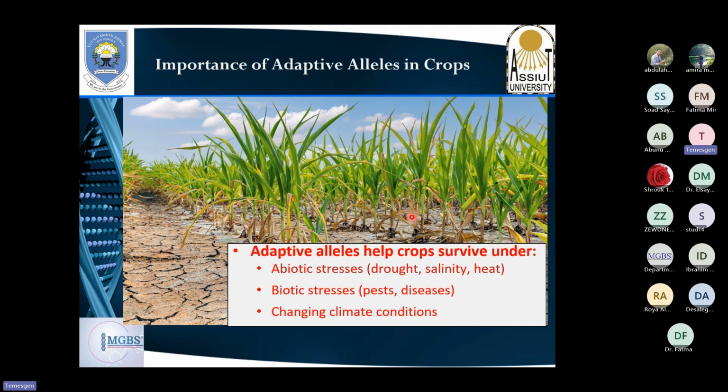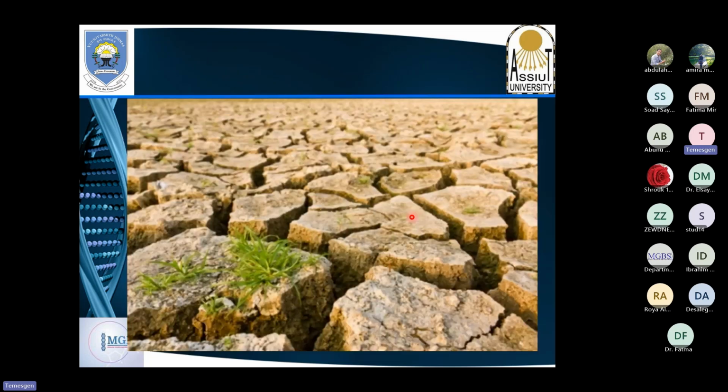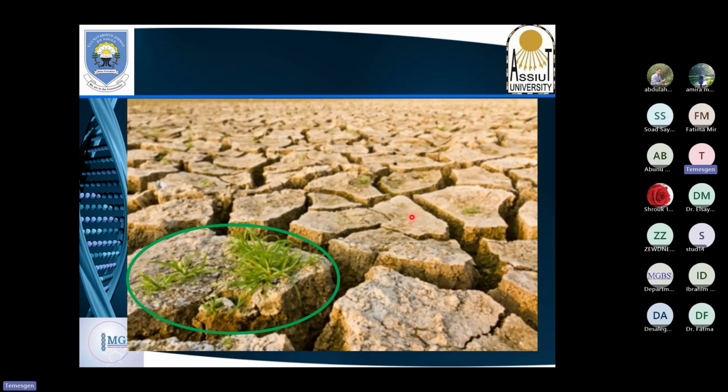So we have to identify which alleles make those individuals survive that changing environment. In this hour, we'll focus on analyzing multi-locus for changing climate conditions. Sometimes you look at some crops or plants which survive where the environment is not suitable. In adaptive alleles, we'll look at what makes these individuals survive, so we'll identify those alleles.